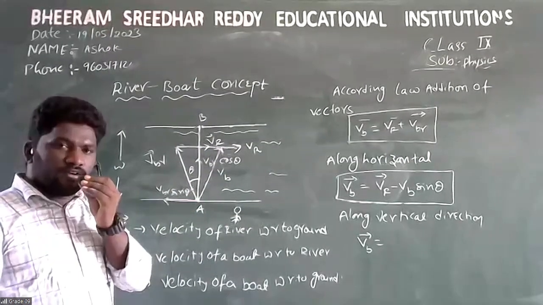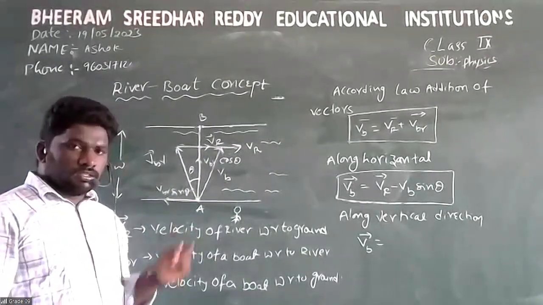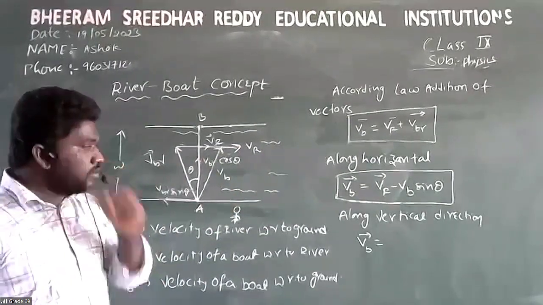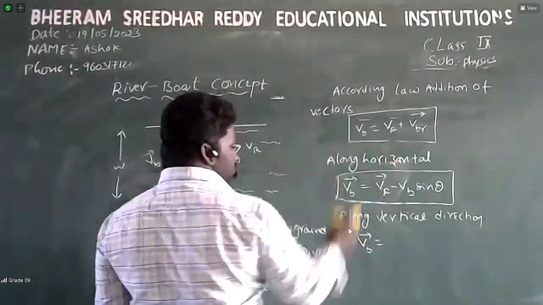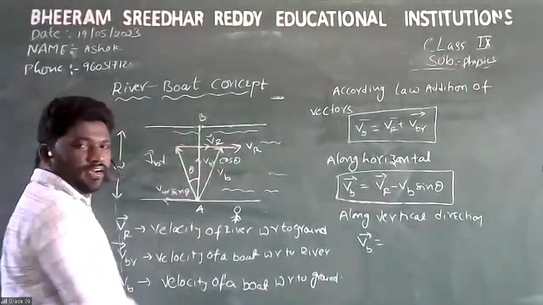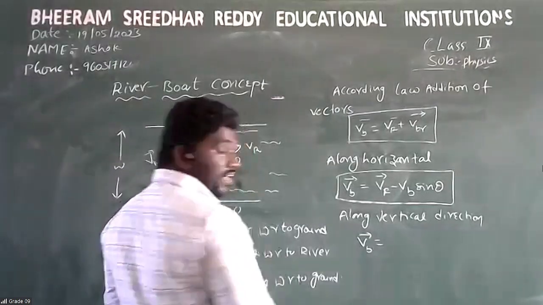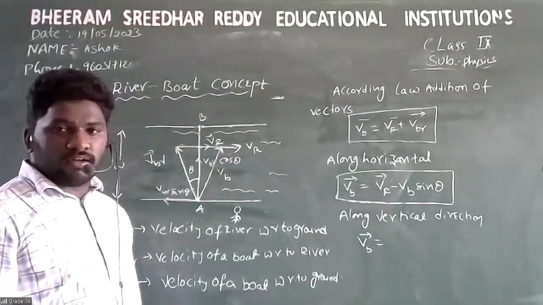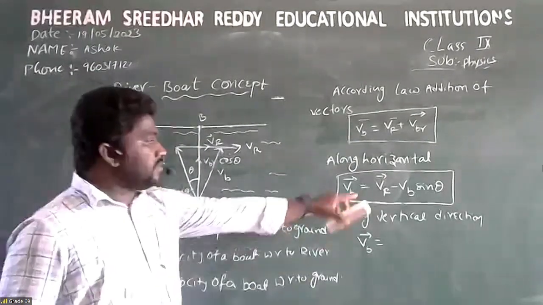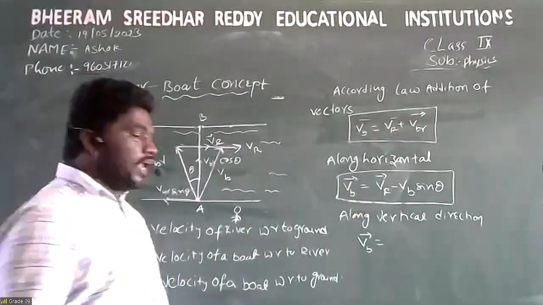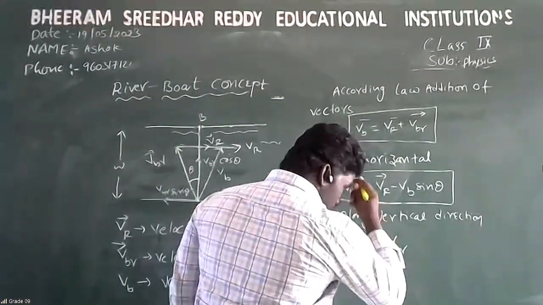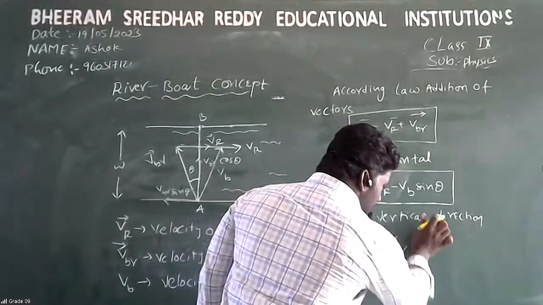The river is moving along the horizontal direction. Yes or no? Super, very good. Velocity of river along the vertical direction is 0. Then the velocity of the boat is VBR cos theta. Along the horizontal direction it is VR minus VBR sin theta. Along the vertical direction, VB bar equals VBR cos theta.